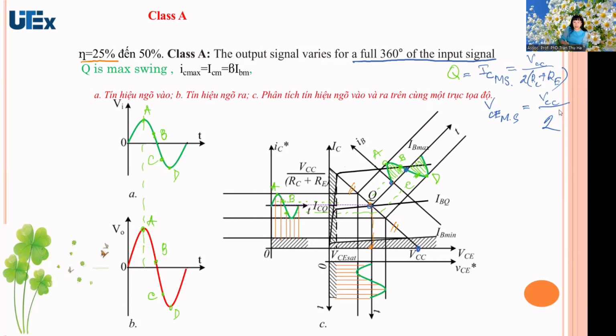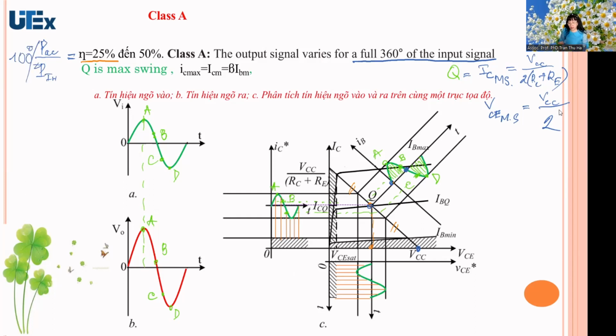But in our case, if you know about the efficiency, we have the PO, PAC, divided by P input. This is 100%. And we have a very low coefficient of efficiency.